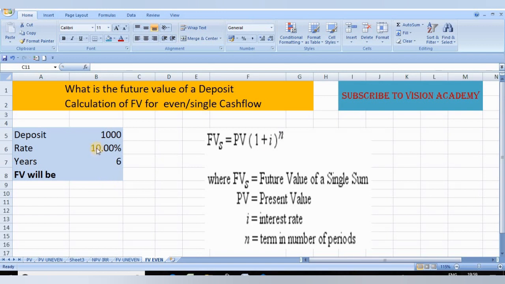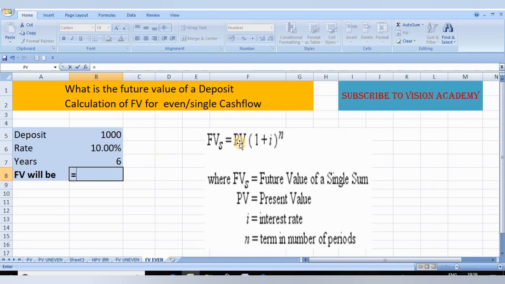So friends, imagine you have deposited 1000 rupees in some bank at 10% rate of return for 6 years. For the given information, let us calculate the future value. Look at the formula.